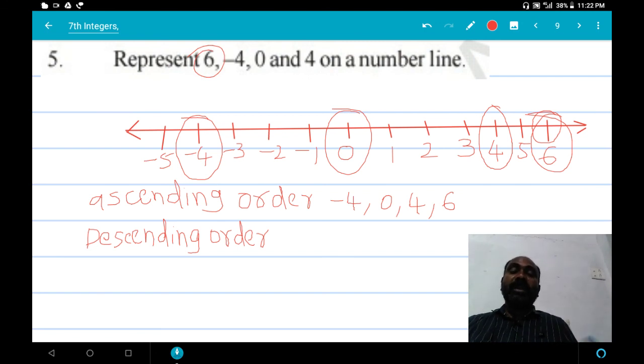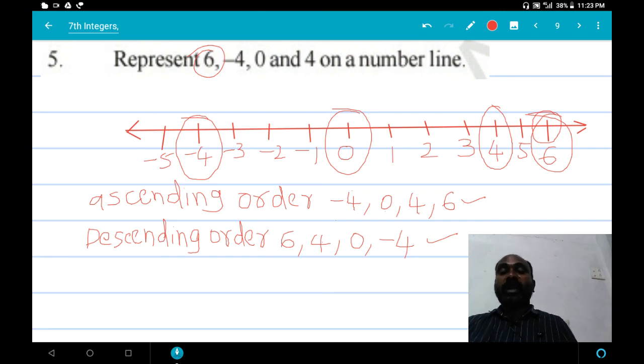The biggest number on the number line is 6, the next bigger number is 4, the next is 0, the next is minus 4. These are only the marked numbers, only marked integers, not all numbers. So ascending order is minus 4, 0, 4, 6.